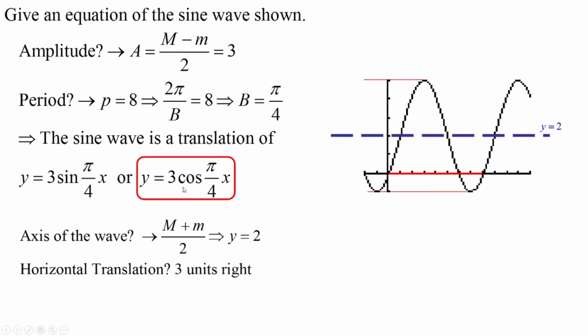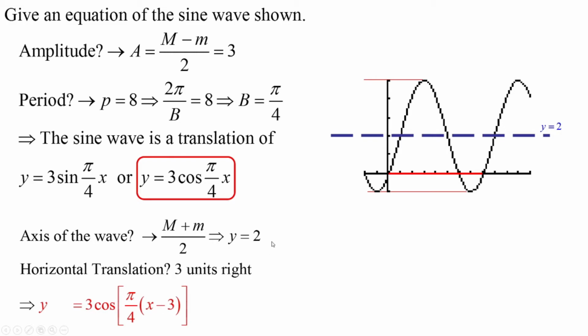Now, let's take this cosine function, y equals 3 cosine of pi over 4x, and apply both our horizontal translation and our vertical translation. And that's nothing more than what is the h and k. So if I'm going to do horizontal first, if I translate 3 units to the right, that means I'm going to take this x and subtract 3.